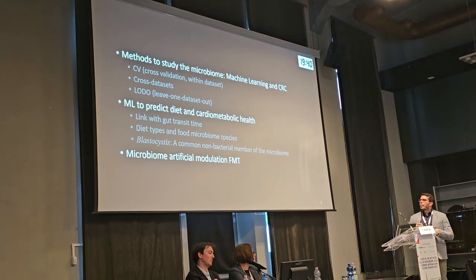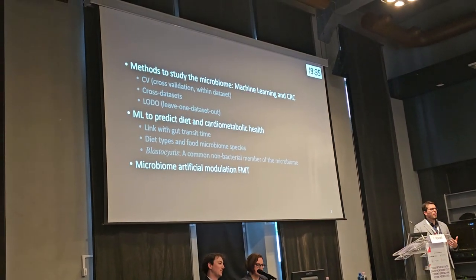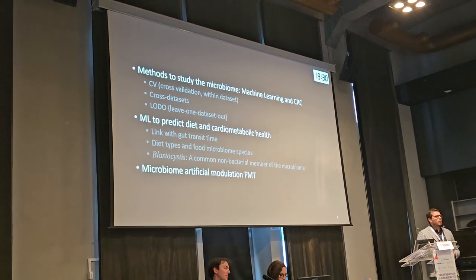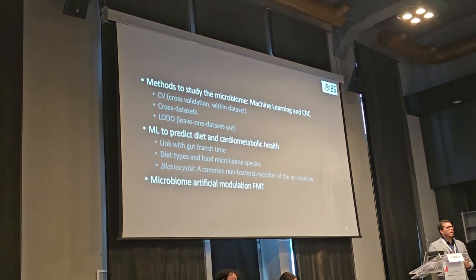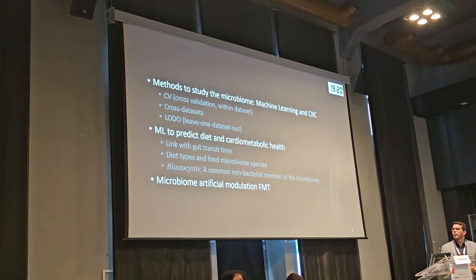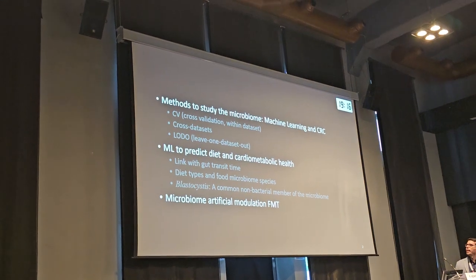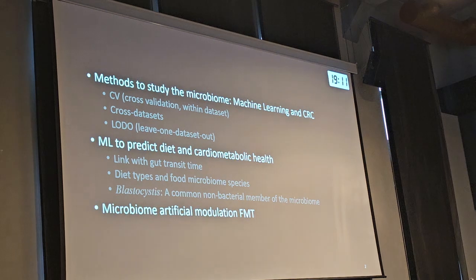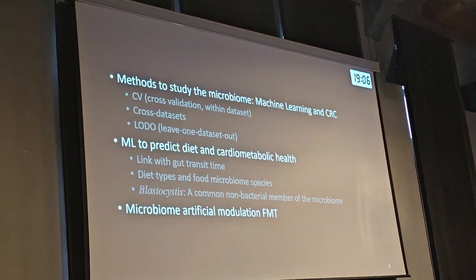As a very quick summary, I'm going to touch upon three main topics. The last one will be FMT again, but from a computational perspective. The first one is that I would like to introduce and give you some hints about how we deal with the analysis in profiling and use the microbiome when doing associations, in this specific case with machine learning, and then its application to the case of colorectal cancer, so how we can define what is a microbial signature, and that colorectal cancer is a very nice use case.